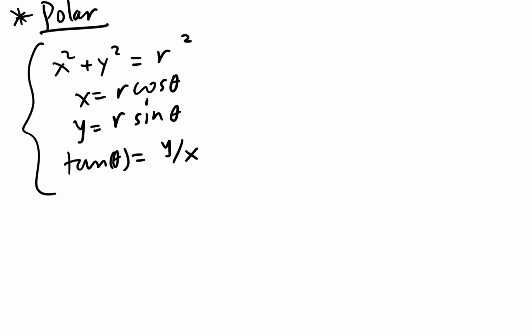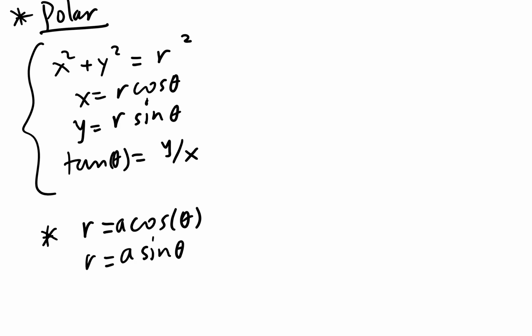Next thing good to know is the polar sketch, the sketch of the graphs. The graphs that we covered in class, all of them, but focus mainly on r equals cosine theta, r equals sine theta. Those ones, they are circles, right? If you want, you can put a, those are circles.